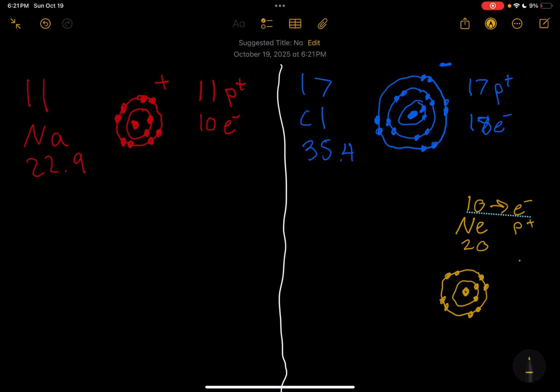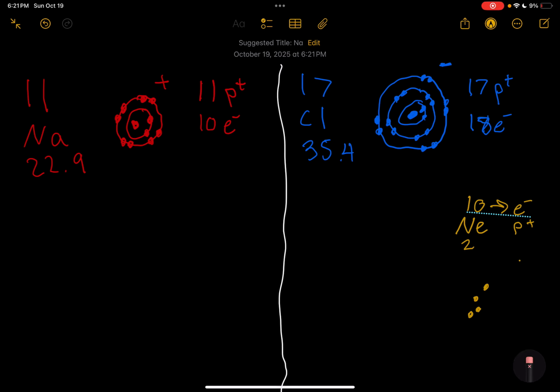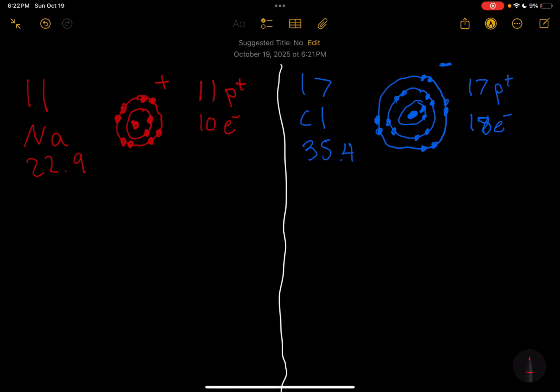It doesn't switch into ions like chlorine and sodium do. So although some elements on the periodic table commonly switch into ions in order to fill up their shells, not all of them do. Neon is one notable example, and every single element in that same group as neon is called a noble gas. They're called noble because they don't really react with much, because they're always satisfied in that neutral atom form.